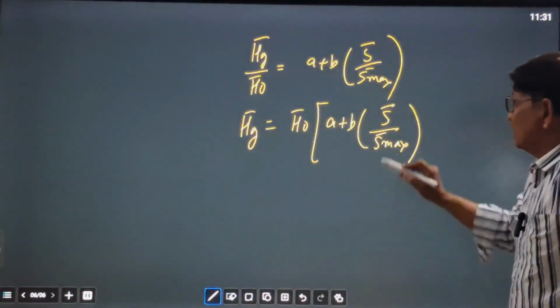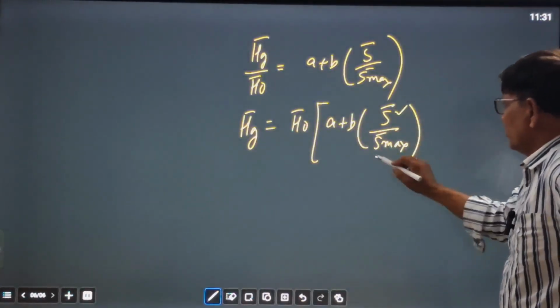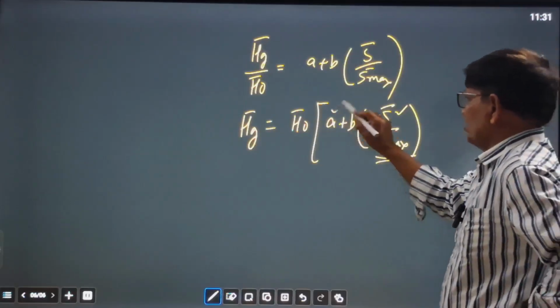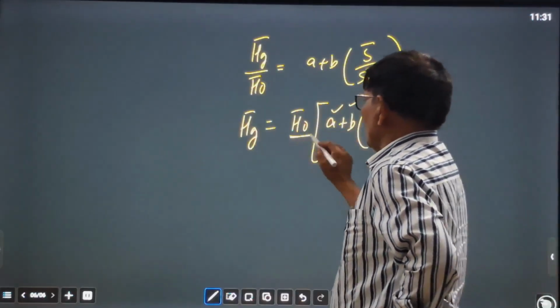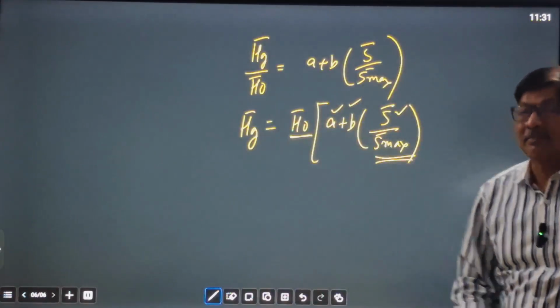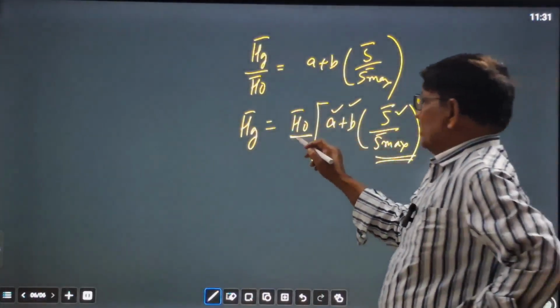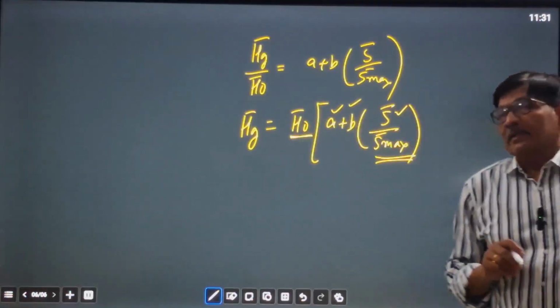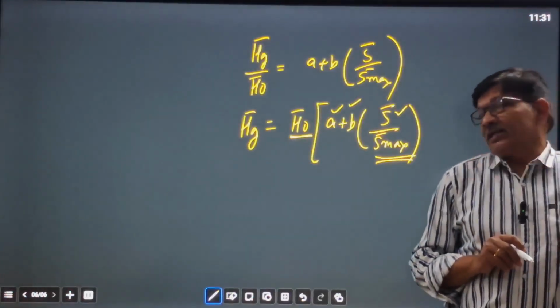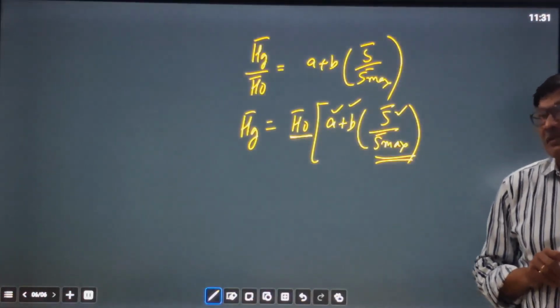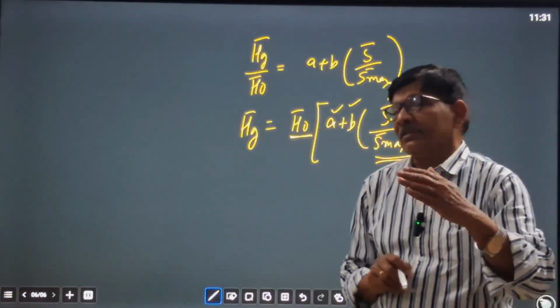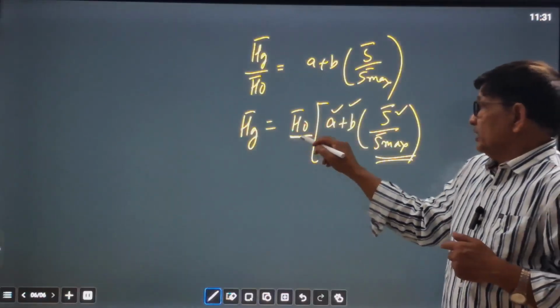In questions, this value is given, this value we can calculate, and we have just explained how to calculate H0 bar, the average of the daily average irradiance on a monthly basis falling on the extraterrestrial region.